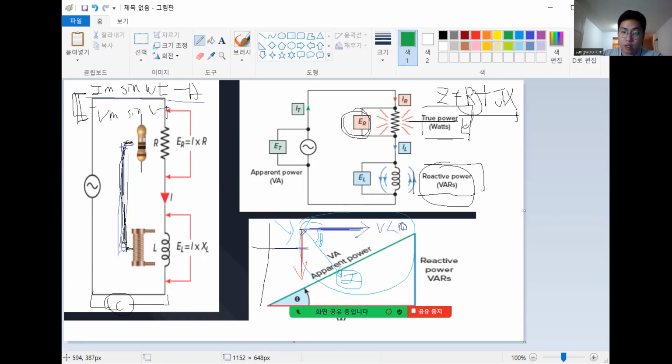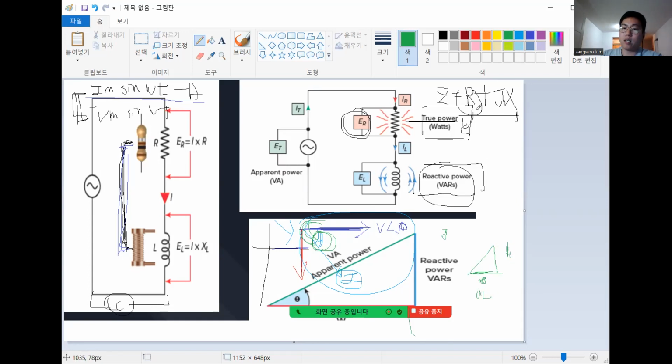And here you can see cosine. So here is power factor. If we do cosine zeta, VI cosine zeta is the power factor. And here you can see this triangle. Here is the actual active power, here is the reactive power.